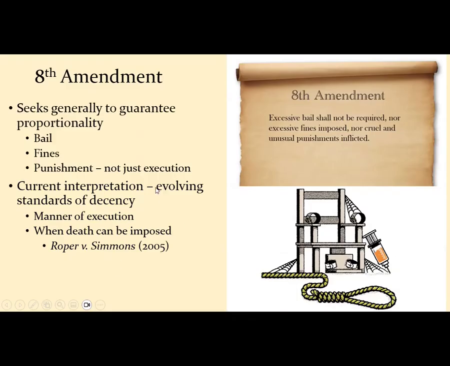So the court is allowing society to adapt its interpretation of what is cruel and unusual. What we think is decent or indecent now would not be the same in the past. So we look at modern standards of what is cruel and unusual.